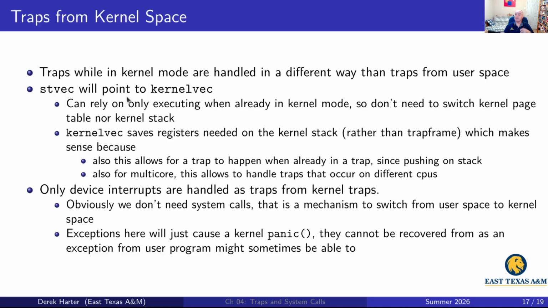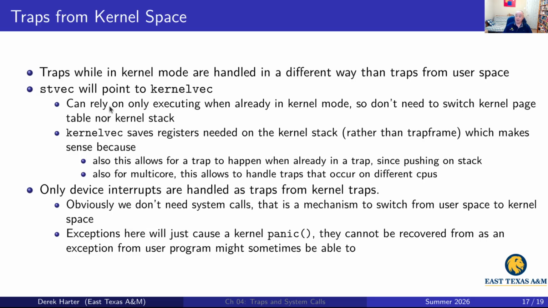Traps that happen while we're in kernel mode are handled in a different way than traps when we are in user mode. I'll remind you, one of the things that happened in the uservec routine is that the stvec, the register that holds the place to jump to when a trap occurs, the trap vector, is changed to point to kernelvec.